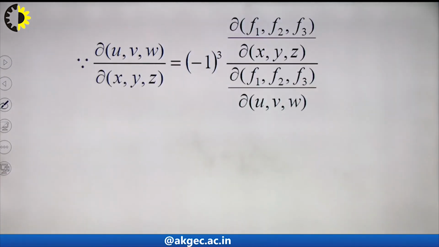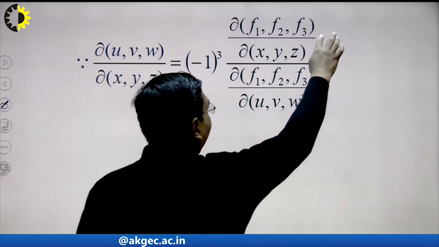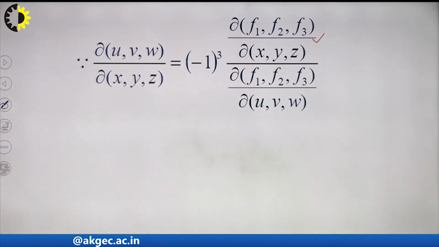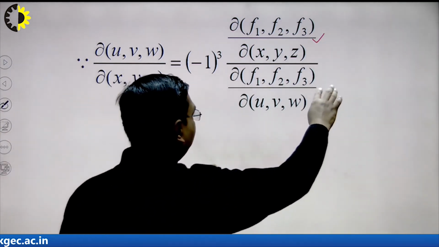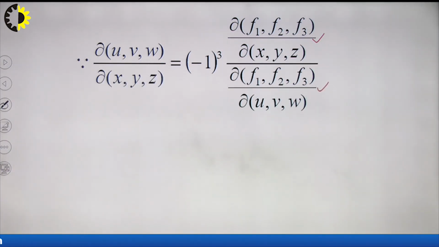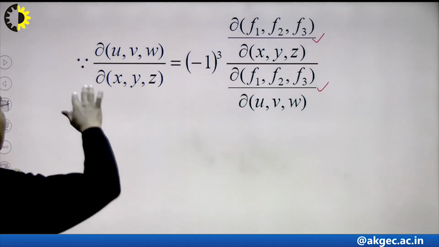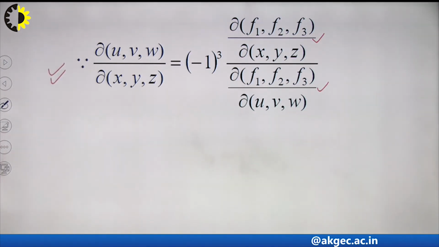Now, this Jacobian del f1 f2 f3 over del x y z was already calculated. Del f1 f2 f3 over del u v w is calculated now, and we shall use these two along with this formula to write the value of this Jacobian.